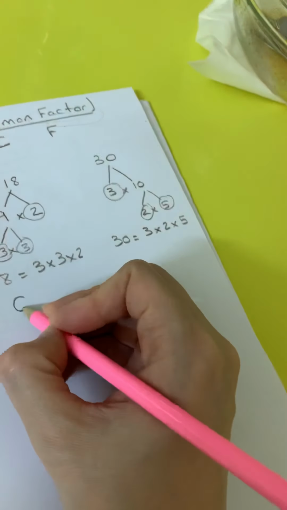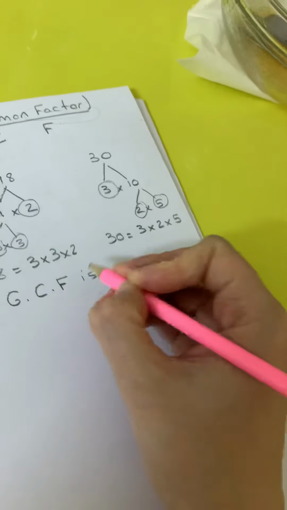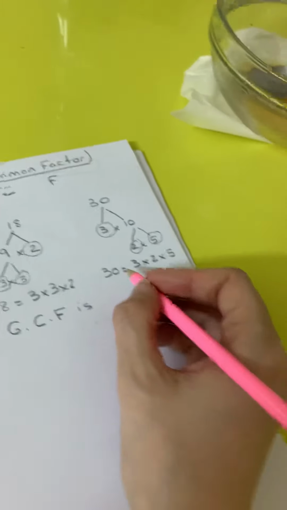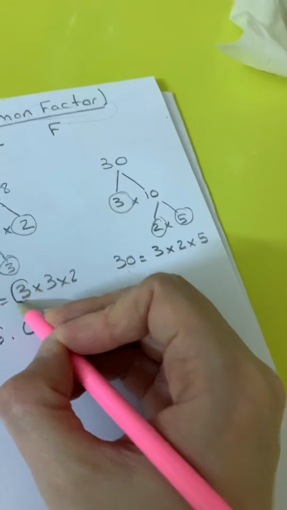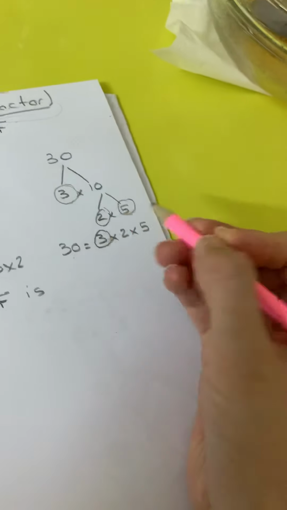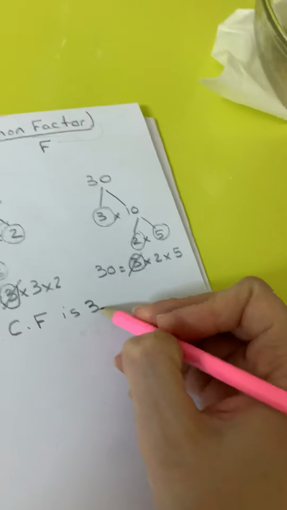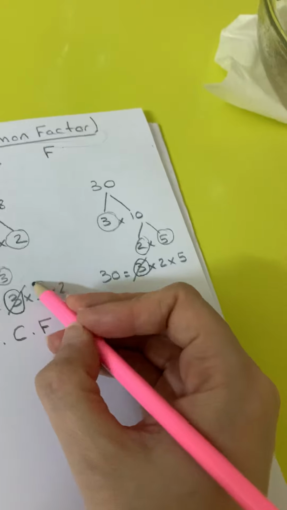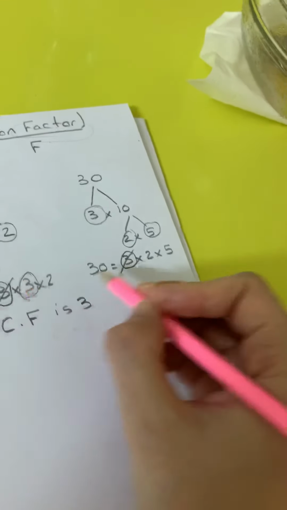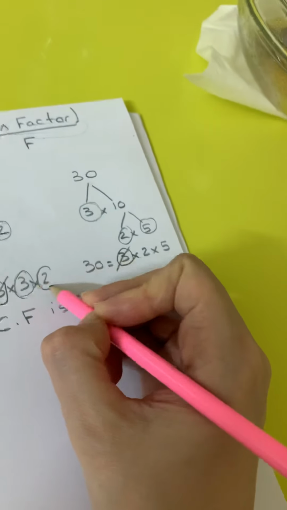Now let's find the GCF between 18 and 30. You start first with 3. Is there a 3 here? Yes, it's here. So you cross it and you write it here. Now the other 3. Can I find another one? No, so ignore it. 2.